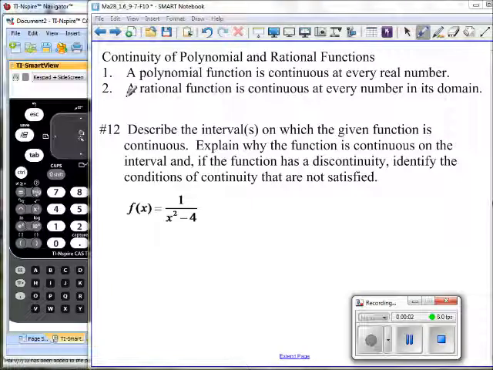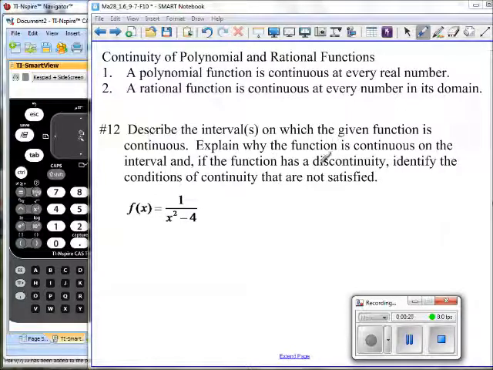Continuous everywhere. So if it's a rational function, now what's a rational function? Well, if you've got a ratio, that means a fraction. It's going to be continuous everywhere that it has every number in its domain. And we just saw an example where it was continuous, except where the function was not defined.